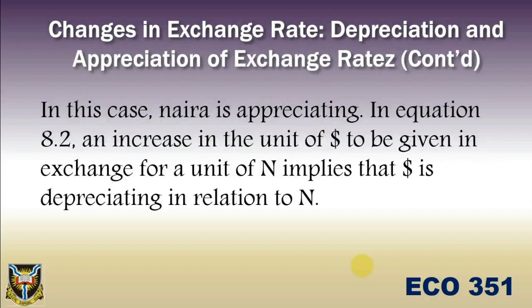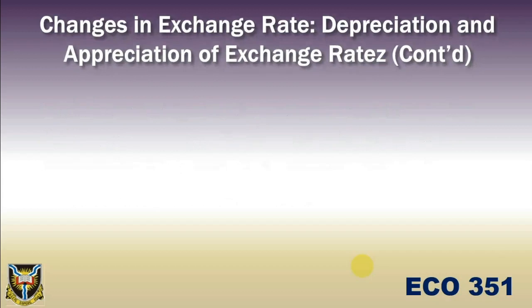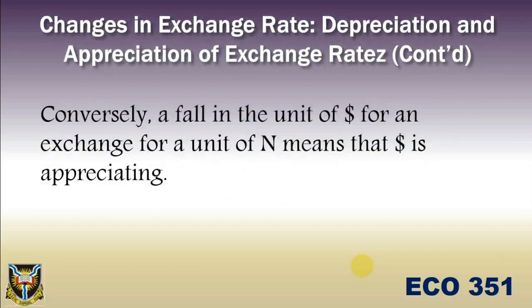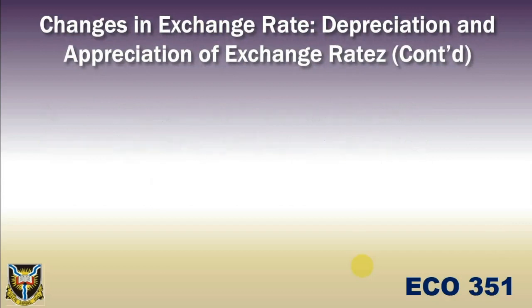In equation 8.2, an increase in the unit of US dollars to be given in exchange for a unit of naira implies that dollars is depreciating in relation to naira. Conversely, a fall in the unit of dollars for a unit of naira means that dollars is appreciating.